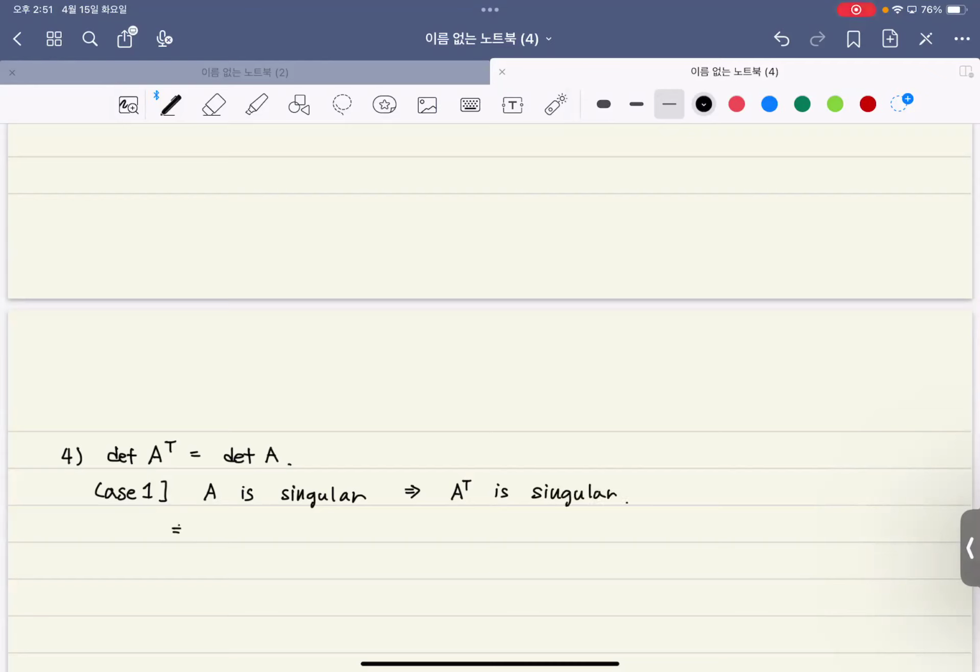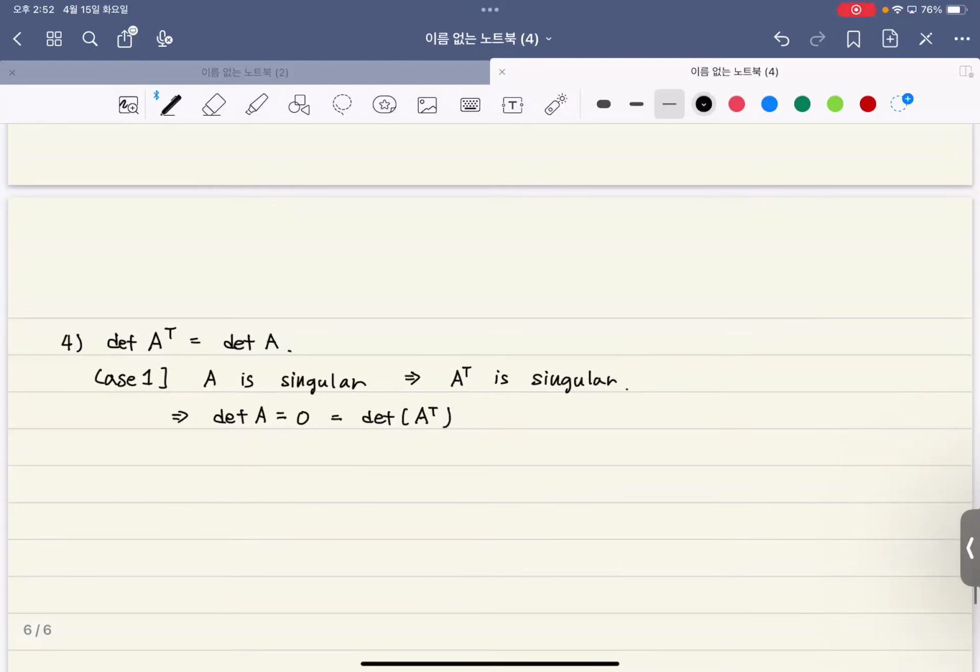Therefore, the determinant of A must be 0 because of the assumption, and the determinant of A transpose also must be 0. So in this case, if A is singular, then this equality is true, obviously. The second case: A is a non-singular matrix.